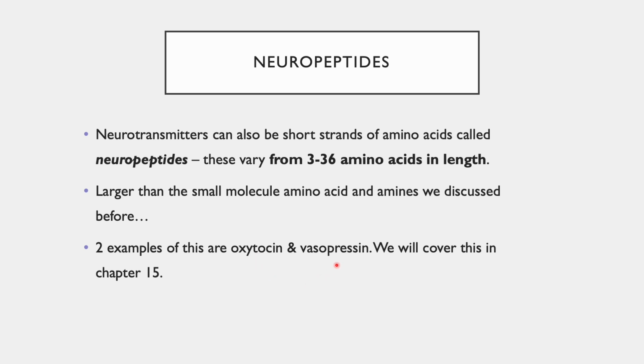Now remember, we've talked about them a little bit in my last lecture. Vasopressin is released to induce thirst, while oxytocin is our love hormone or bonding hormone. And these neuropeptides, which are essentially neurohormones, are produced in the pituitary. And so we are going to cover this more in chapter 15, but I just want it to be on your radar.